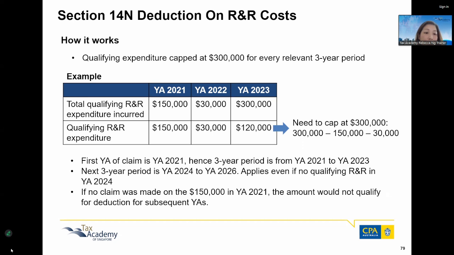If the company was incorporated in YA 2018 and starts having qualifying R&R costs, the periods are 2018, 2019, 2020. Then the next 3 years will be YA 2021, 2022, 2023. So this example is saying that if the 3-year period is already locked, and the company did not claim this 150,000, it will not qualify for deduction. I'm not sure if I have answered your question, Jean.